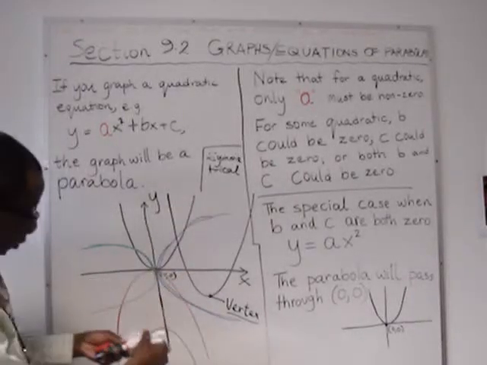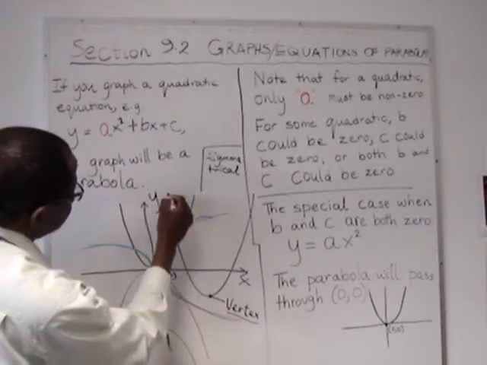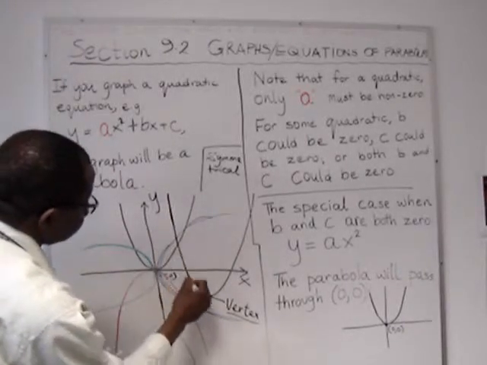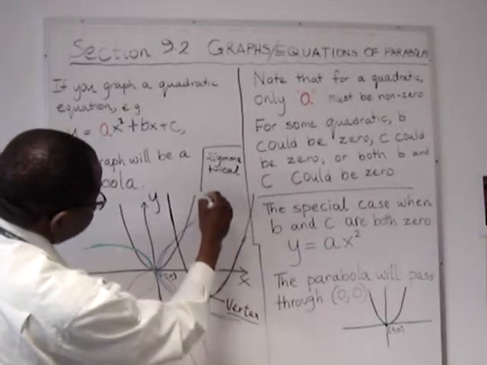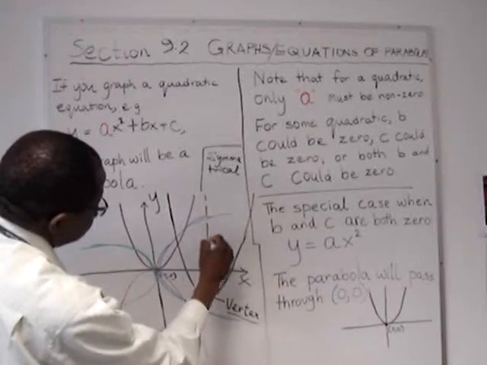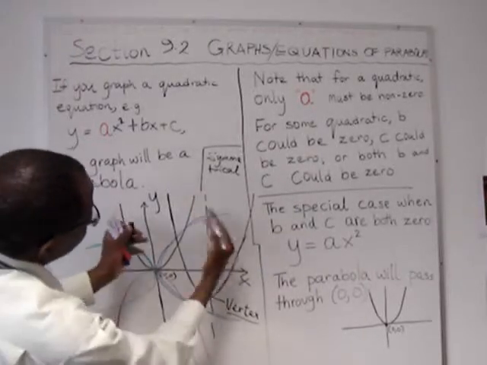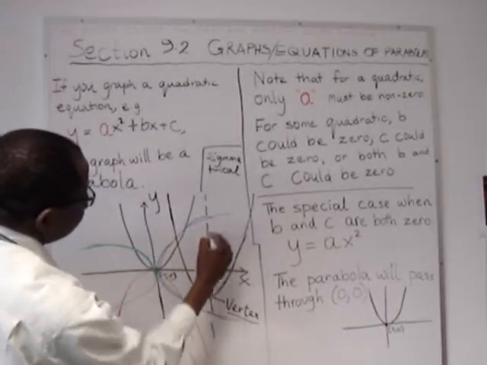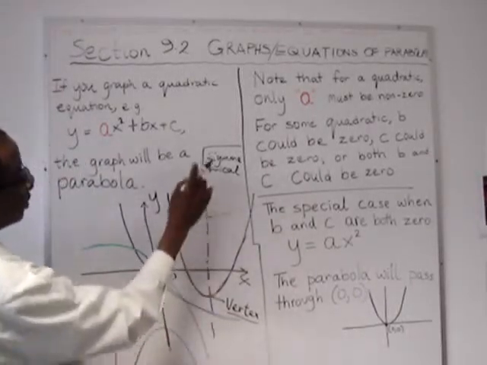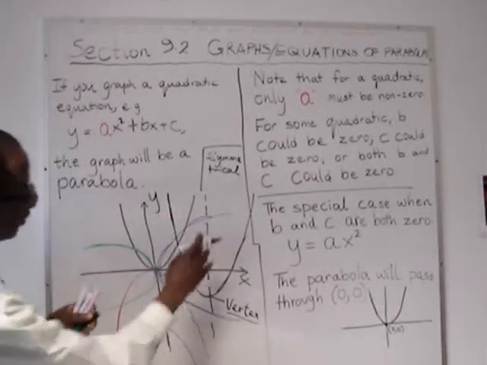Let's look at this one because it's not so crowded over here. Its line of symmetry will be like that, right? Coming through the vertex. That is, the mirror image of what is on this side will be on that side. So all parabolas are symmetrical no matter where they are in the space.